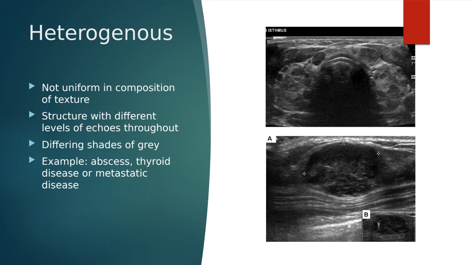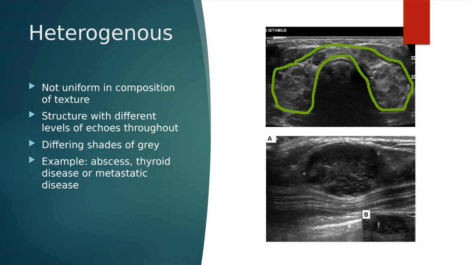On that previous slide, we just showed a nice uniform one-shade-of-gray thyroid, and this is going to represent the heterogeneous version of that. If we look at this thyroid tissue, it kind of looks like Swiss cheese, right? That is all of those different echogenicities being represented, all of those different shades of gray, and you can see it has a different texture to it.